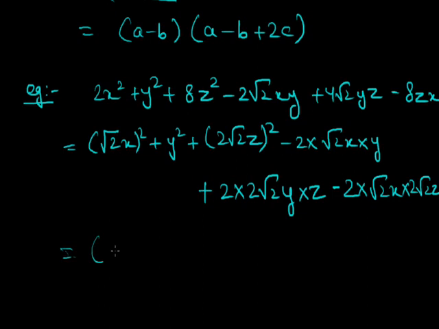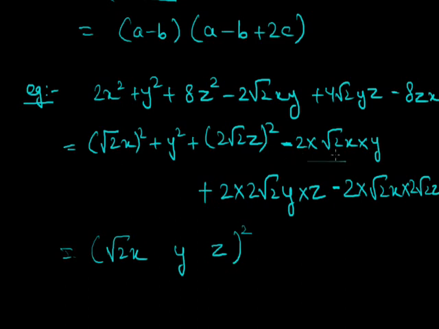And now if we combine it, what will it become? It will become the form of (root 2 x, y and z) whole square, and definitely the signs will be accordingly. As you can see, a negative sign is there in front of 2 root 2 x and y, and also in front of 2 root 2 x into 2 root 2 z.